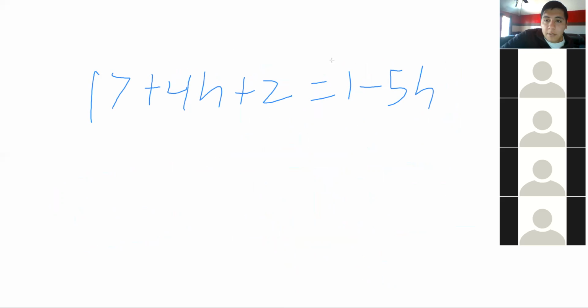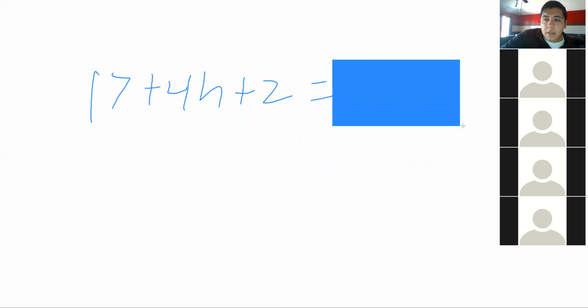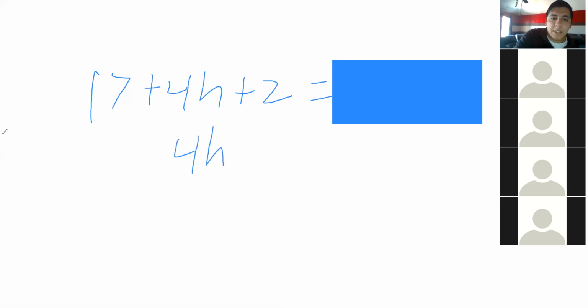Okay, so again, focusing on this side, what do we need to do on this side? Combine 17 and 2. We're going to combine 17 and 2, right? We want to simplify it. So 17 plus 2 would give us 19. Is there anything else? No.